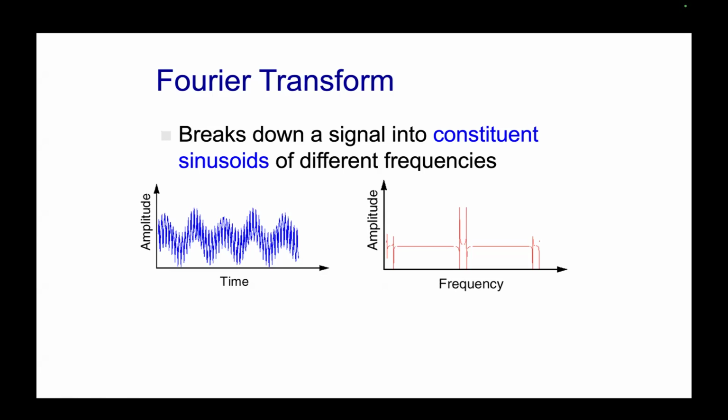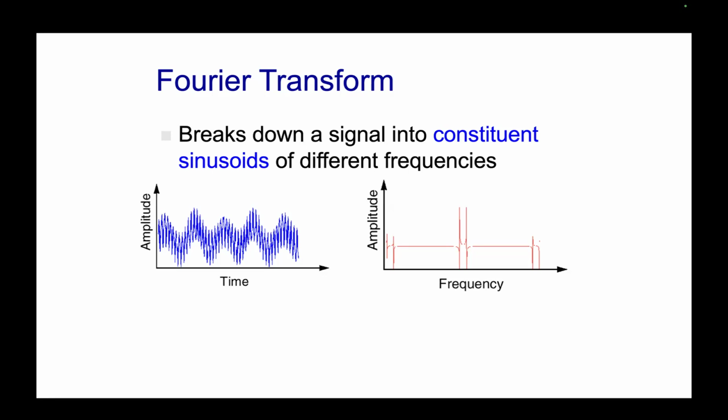Now, the first thing in frequency domain analysis is the Fourier transform. The Fourier transform breaks down a signal into constituent sinusoids of different frequencies. The figure on the left hand side is a time domain signal, with time on the x-axis and the amplitude of the signal on the y-axis.